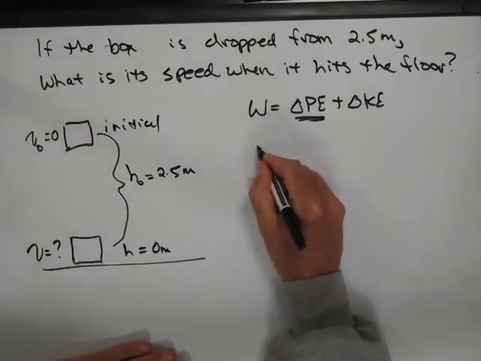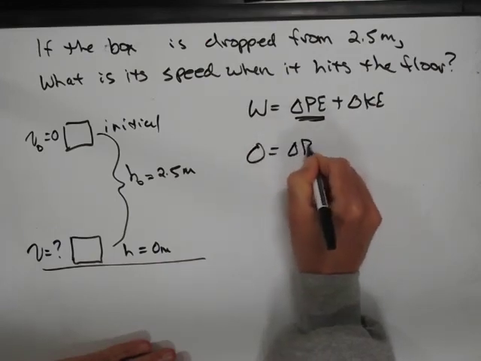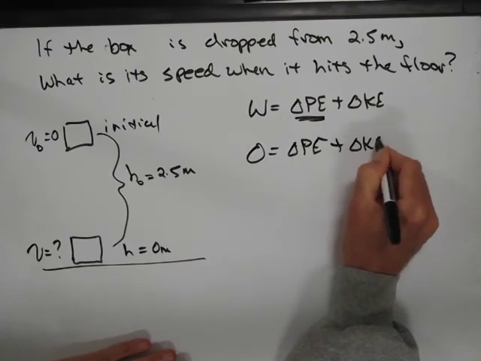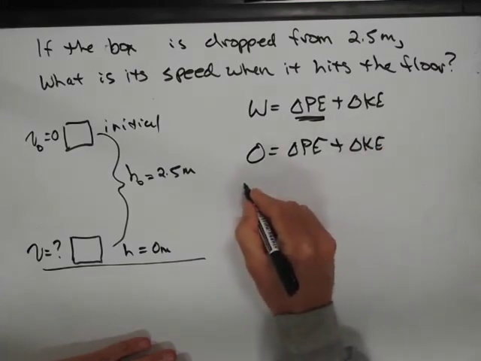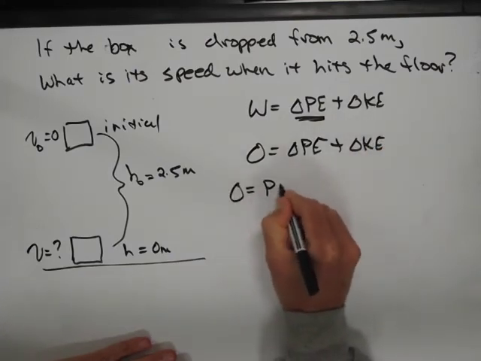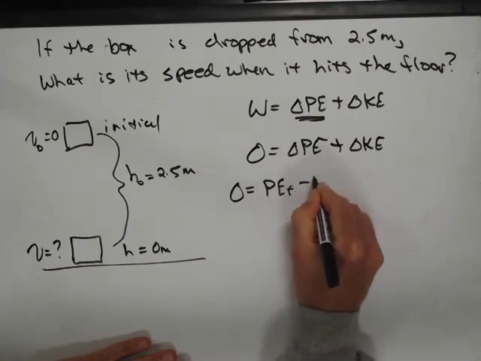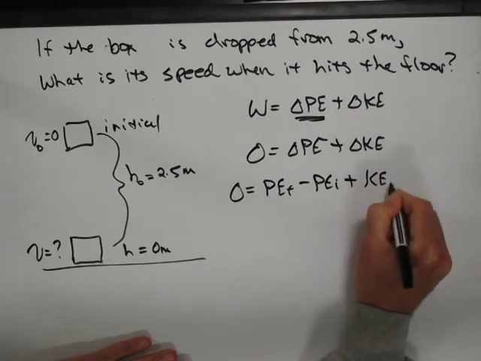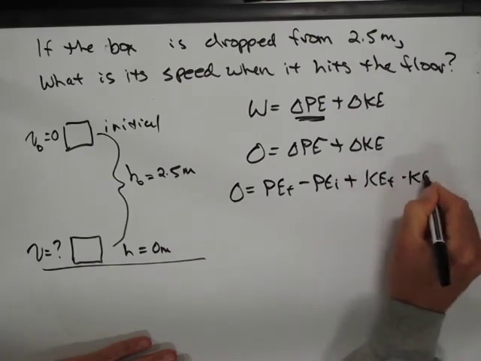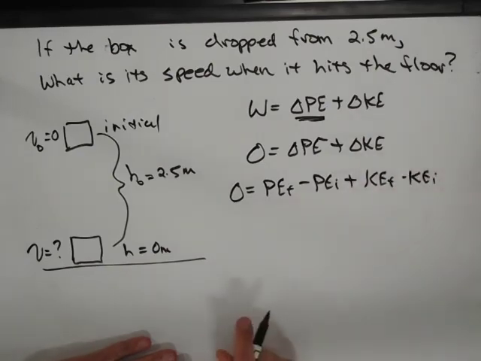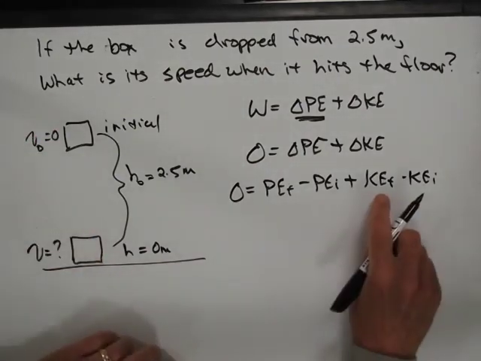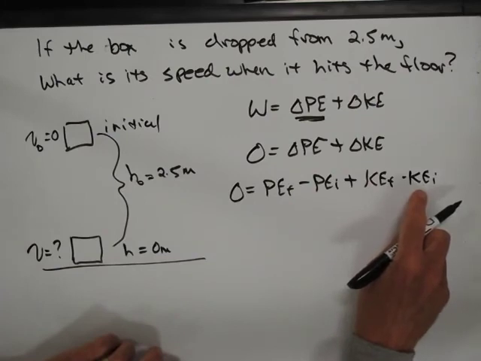And so this guy, 0, is equal to the change in potential energy plus the change in kinetic energy. Right? But that means that 0 is equal to PE final minus PE initial plus KE final minus KE initial.